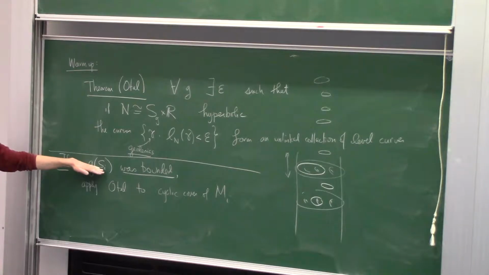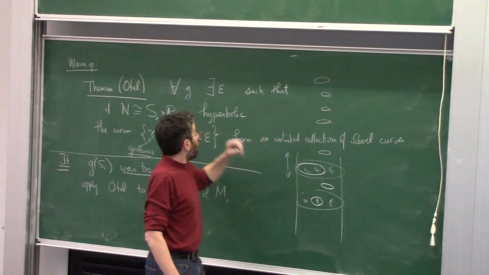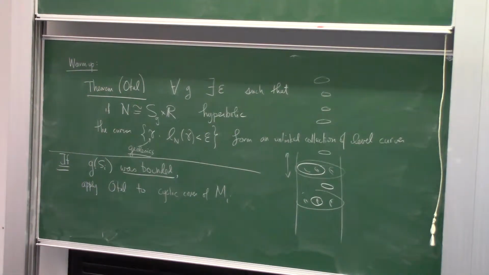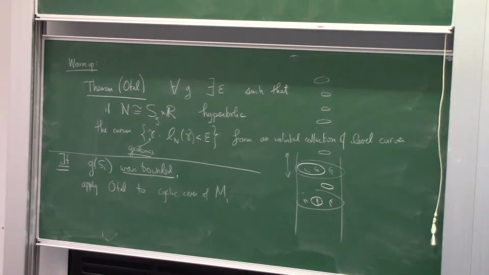The genus of the fiber is fixed or bounded, and so its infinite cyclic cover looks like one of these. All the Dehn filling curves have to be very short when i goes to infinity, right? So this is the way Dehn filling works, and this is part of the Jorgensen-Thurston theorem.